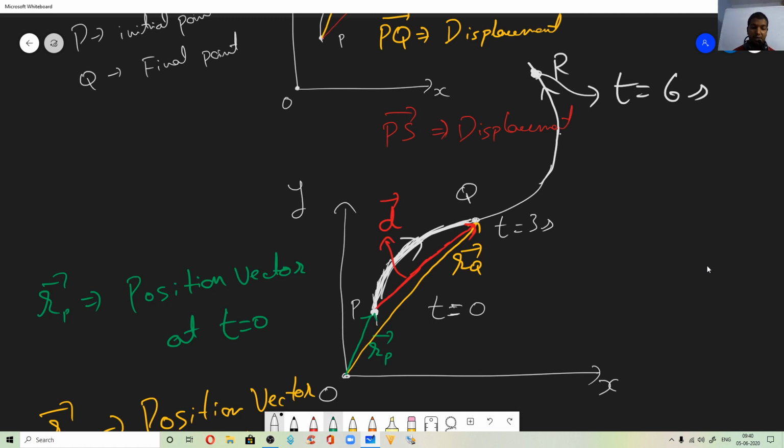Then you just have to draw a displacement vector from Q to R like that. You can call this capital D, the displacement vector from t equals 3 seconds to t equals 6 seconds. I hope you have got it.